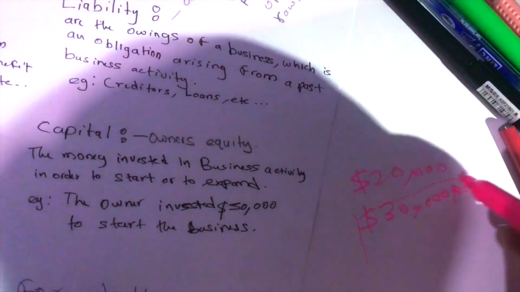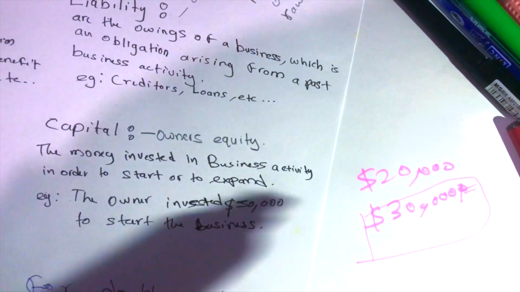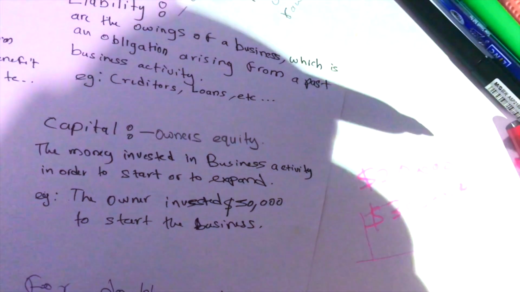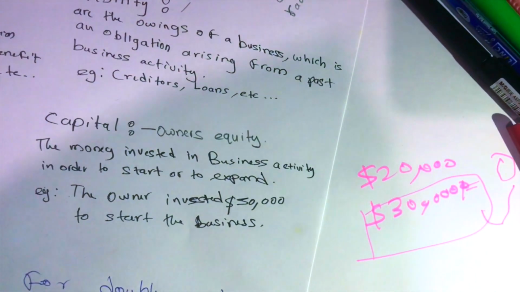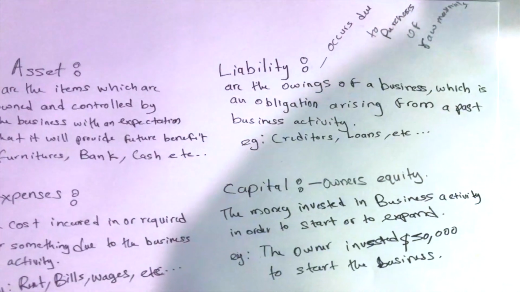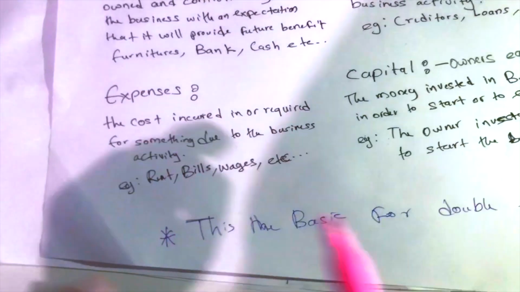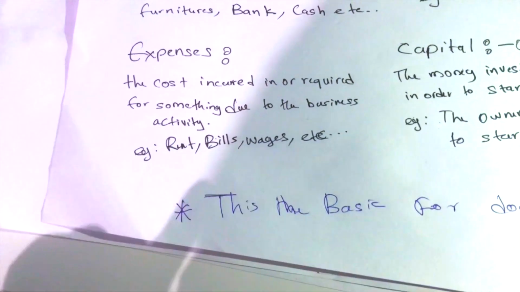So this $30,000 will be your liability, and the person whom you have to pay is called the creditor. So what are some examples of liabilities? Creditors, loans, and so on.